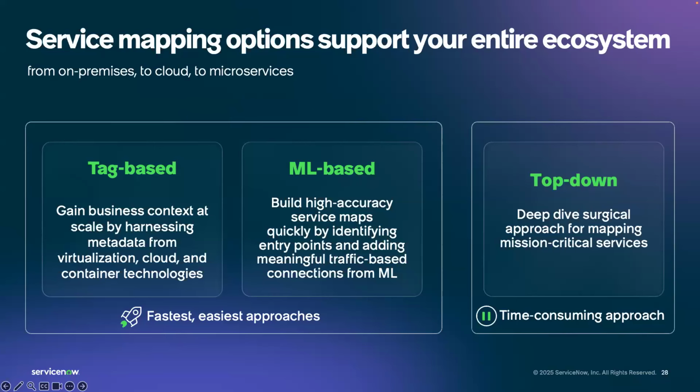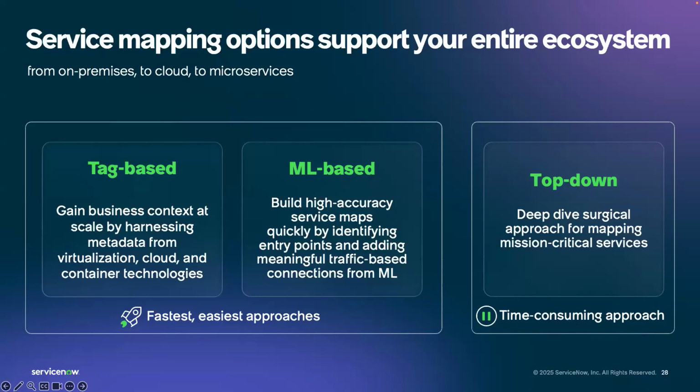When we think about ML-based mapping, we're using the machine learning capabilities in the platform and analyzing discovered data, especially running process data and TCP data, and then grouping those processes together based off of that TCP data that we've discovered, right? And providing candidates to the mapper so they can go out and help build those service maps and operationalize them. And those are really the easier approaches to service mapping.